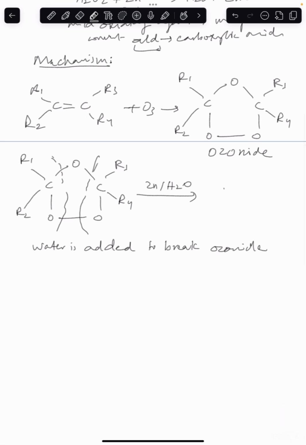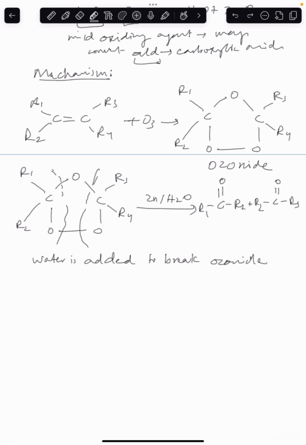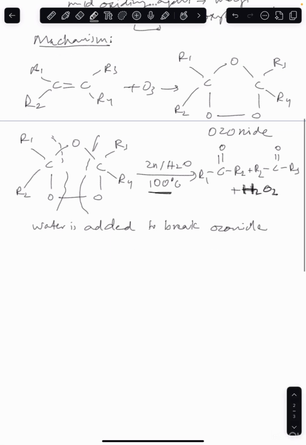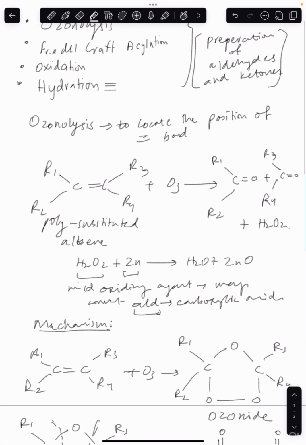Now what we'll have is 2 aldehyde groups. Important to note is that the temperature of this reaction is 100 degrees Celsius, and then the byproduct is hydrogen peroxide, H2O2. So we've done this ozonolysis.